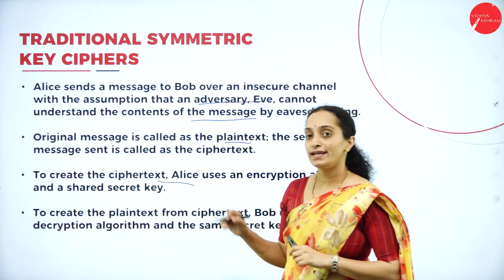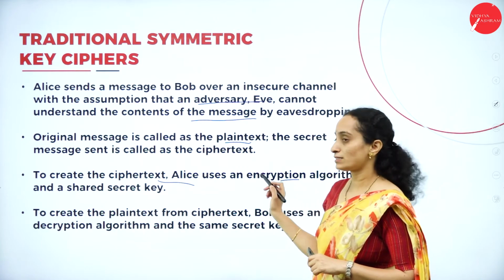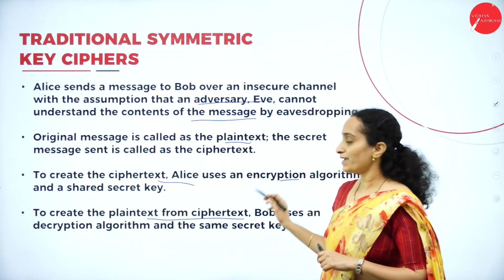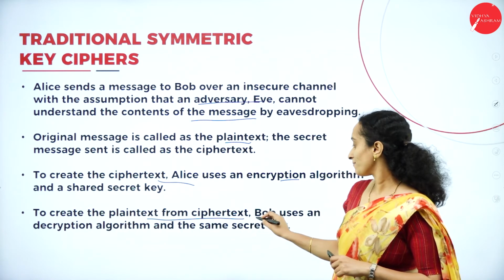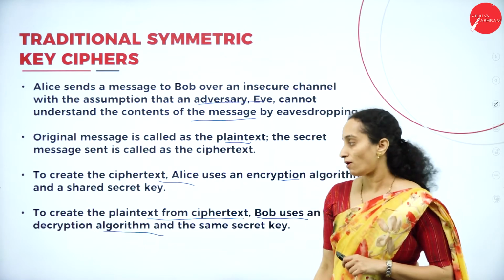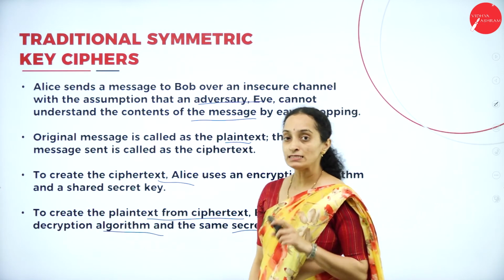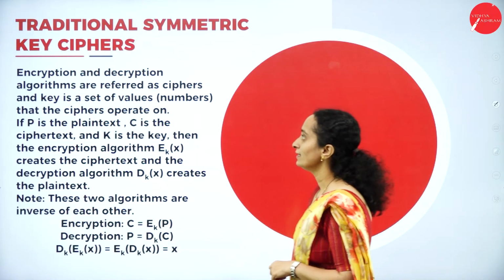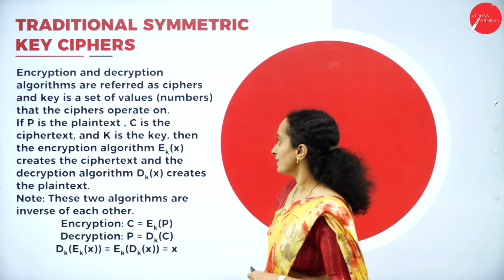To create cipher text, Alice uses the encryption algorithm. To create the plain text from the cipher text, the receiver Bob uses the decryption algorithm along with the same secret key.